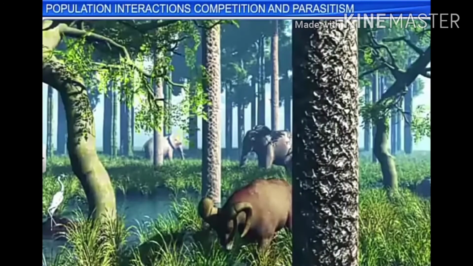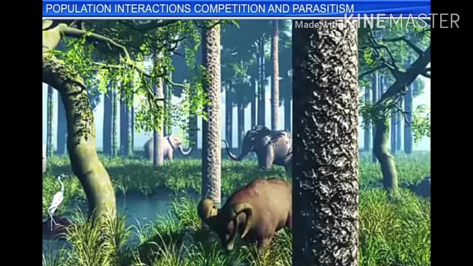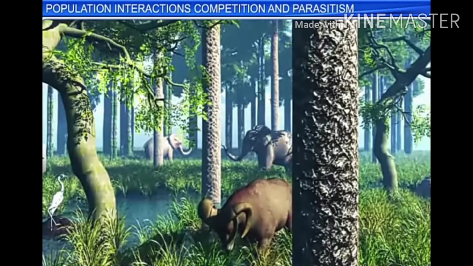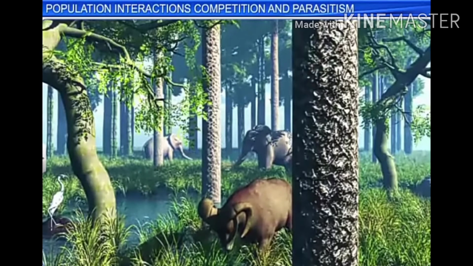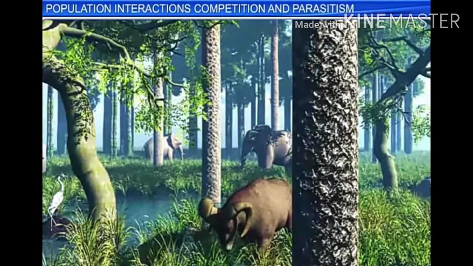In any habitat, plants, animals, and microbes interact in various ways to form a community. When populations of two different species interact, it leads to interspecific interactions.